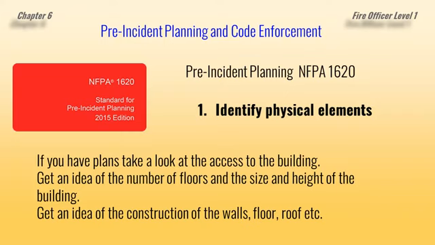So where are you going to send your first arriving companies? And then get a physical description of the building, how many floors, the size, the height of the building, and then get an idea what the construction is, the walls, floors, that type of thing. So identify the target hazard as far as its physical attributes.